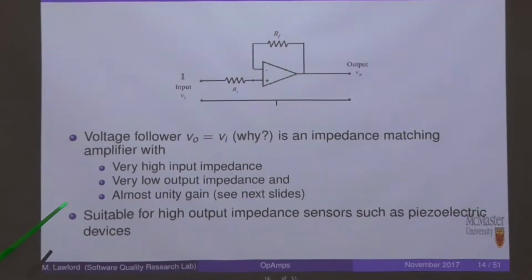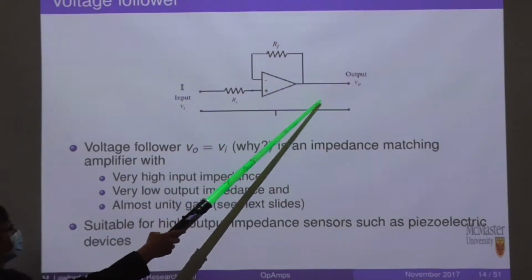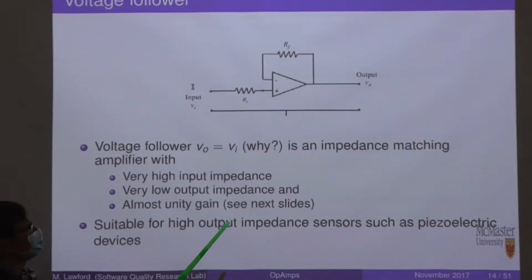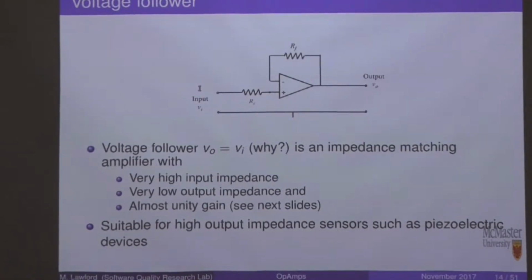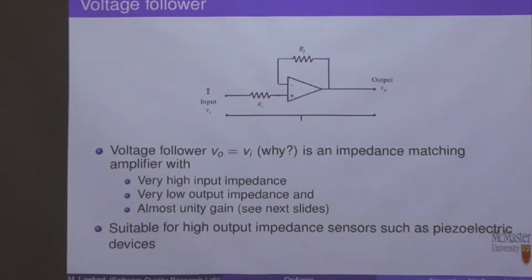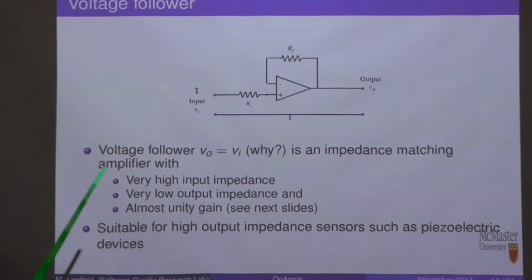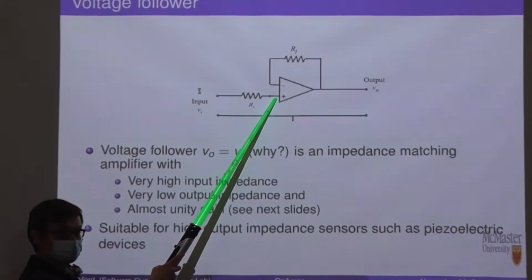The voltage follower has an output voltage which is equal to its input voltage, right? So it should be reasonably easy to determine why that might be the case if we think about the OpAmp laws, right? Number one, this voltage is equal to that voltage.